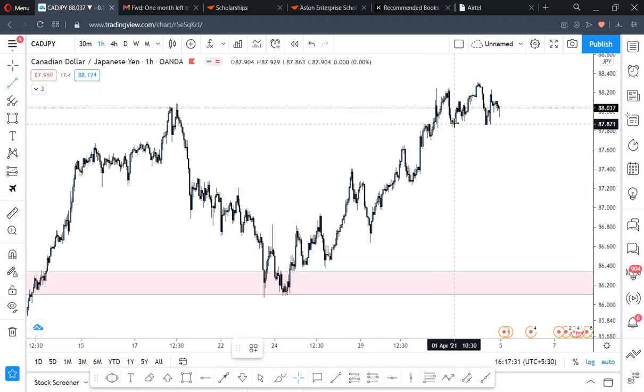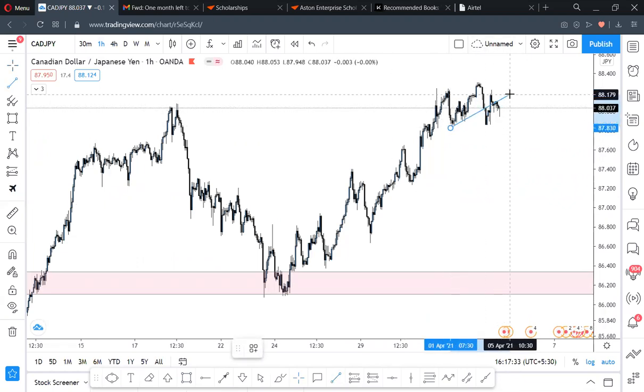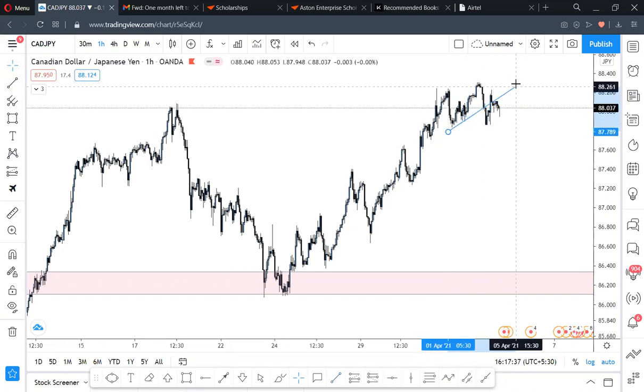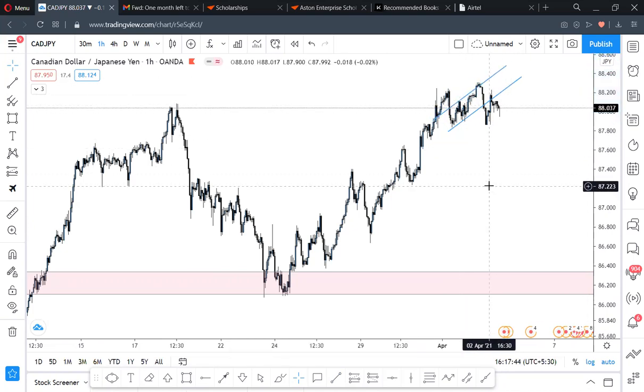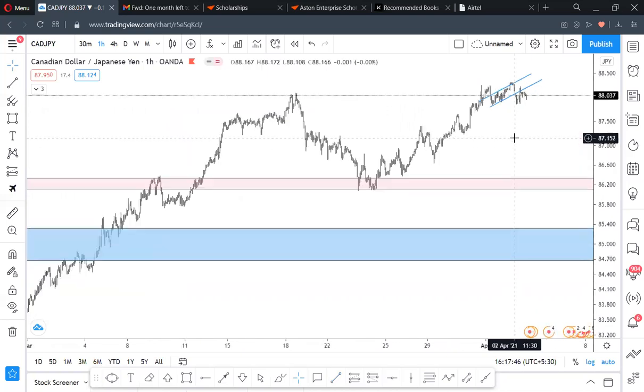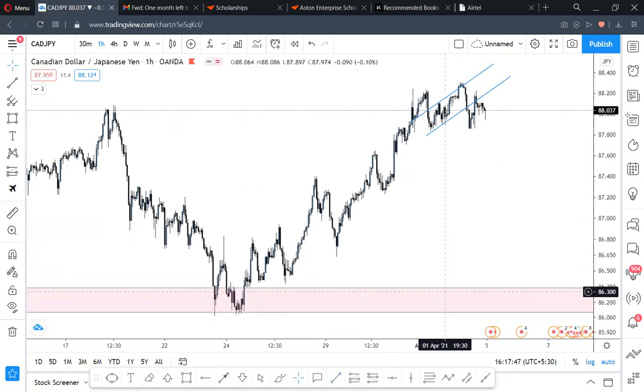This is one type of corrective move that I was showing you guys. We have one for reversals and one for continuation. So though we are in a bullish run, let me draw this one.